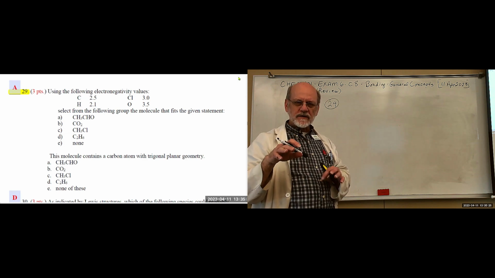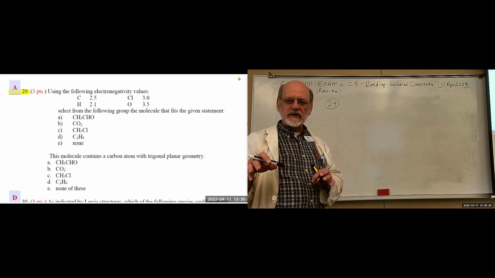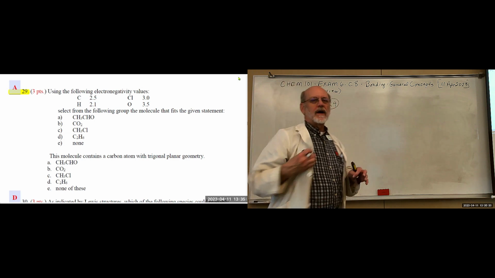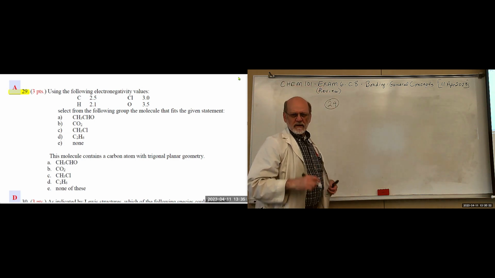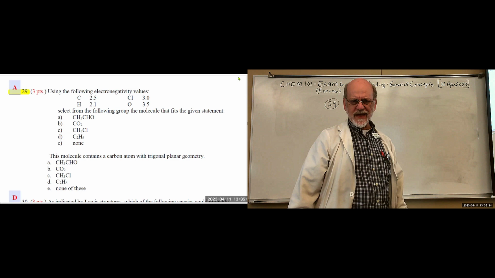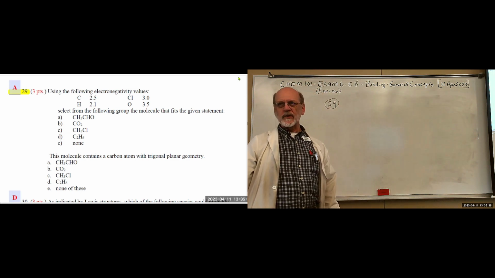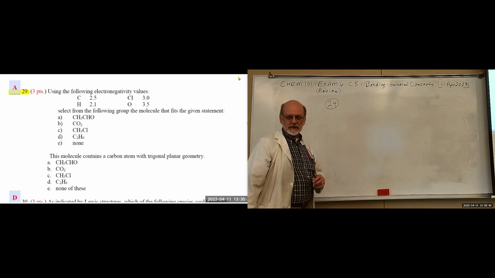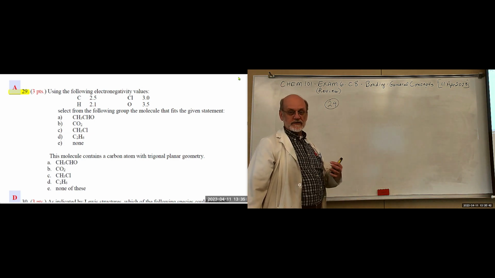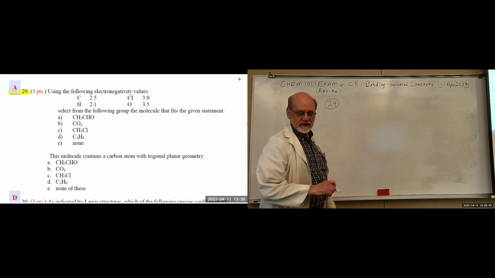The molecule contains a carbon atom with a trigonal planar geometry. Oh, okay, I see. You don't need the electronegativities to do that. You can do it from the formula itself. Which one has a trigonal planar geometry?